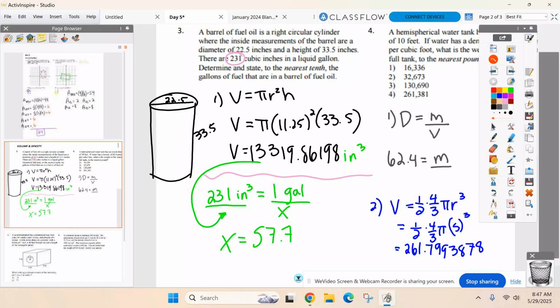Hopefully you're getting about right around 261.8 cubic feet. Plug that bad boy back in.